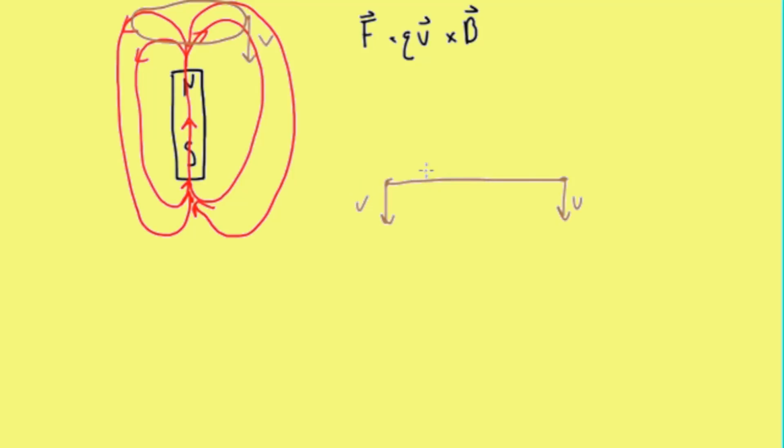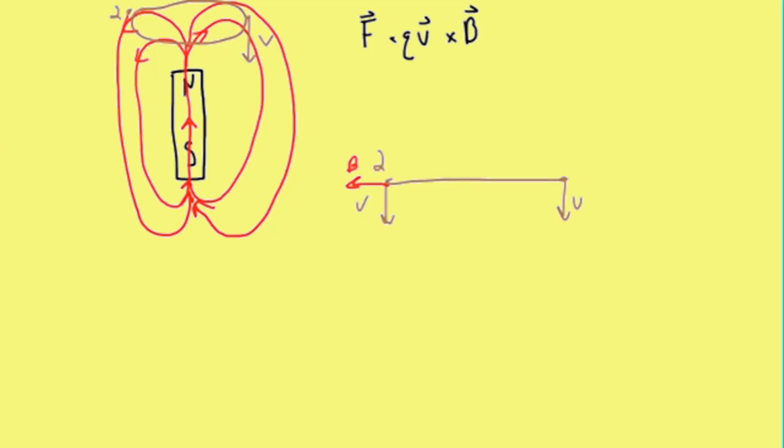And then we need to figure out the magnetic field at these points. This point over here is going to correspond to a point over here. So let's call this 2. And the B field over here roughly points to the left. For simplicity, we're just going to say it's to the left.